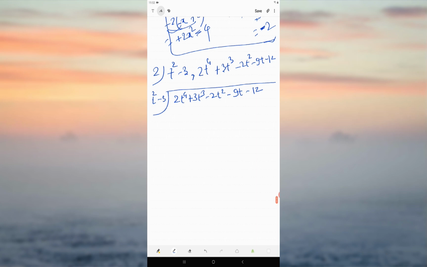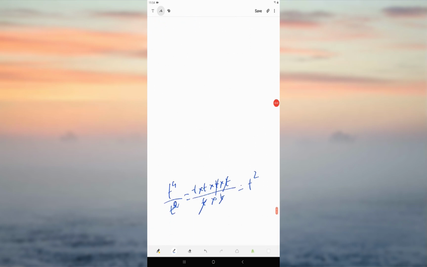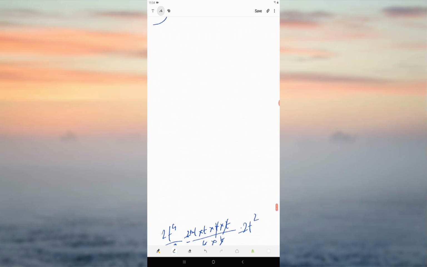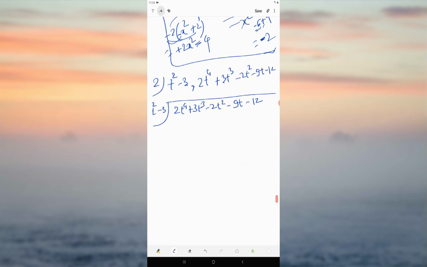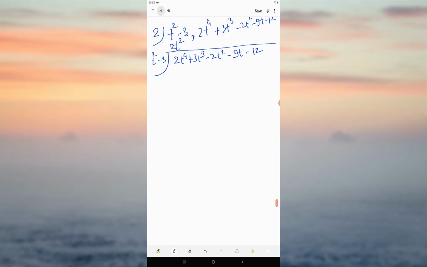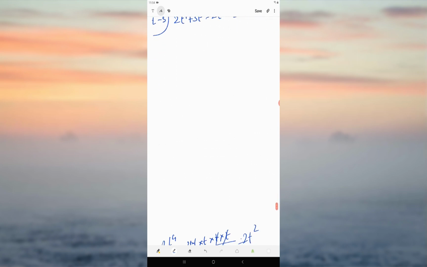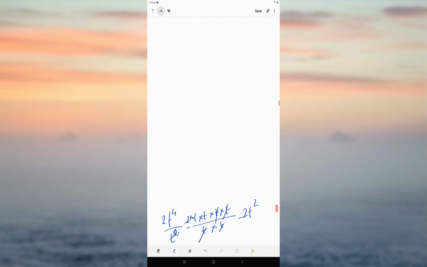We have 2t4, not only t4. So 2 into t square, it will be 2t square. You should divide by the full thing with the coefficient. So we got 2t square. Now 2t square should be multiplied not only with t square, it should be multiplied with minus 3 also.